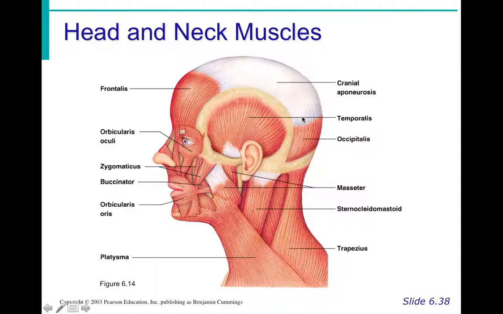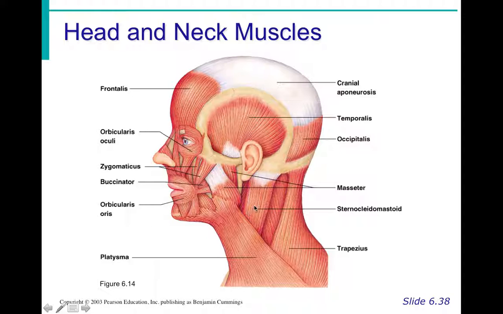Now I'm guessing here, and I could be wrong, but if you know those guys or gals who can wiggle their ears without touching them, I think that might be the muscle that does it, because it pulls this, that pulls the skin back, that wiggles the ear. That's my guess. I might be wrong, but I think that's how it works. So if any of you guys can do that, let me know in class, and we'll watch your scalp while you wiggle your ears and see what happens.